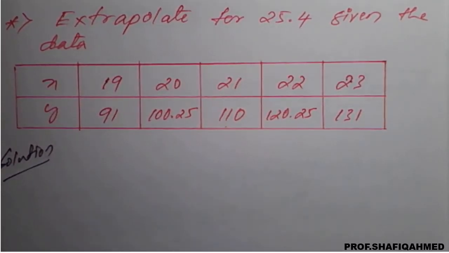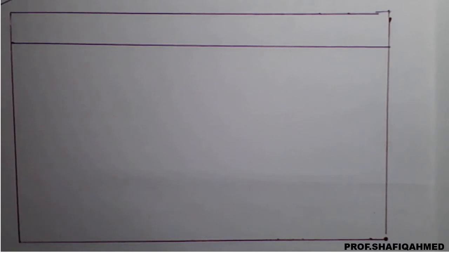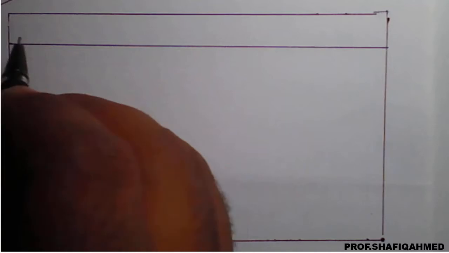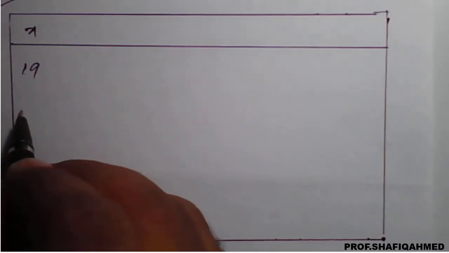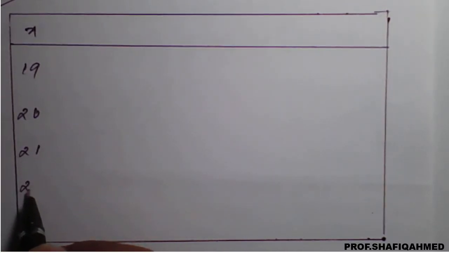So let's see the table here now. We'll enter the values of x. The x values are 19, 20, 21, 22, 23.